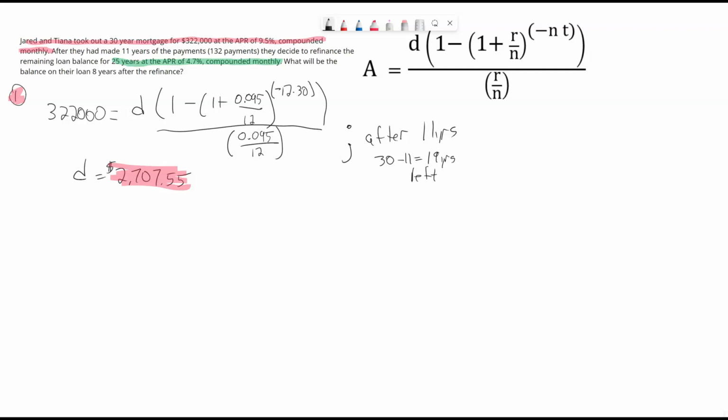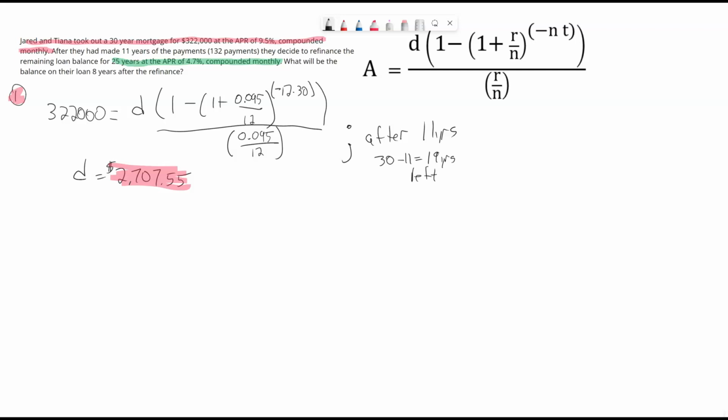So to determine how much we still owe the bank, we can assume the same monthly payment, the same interest rate as the 30-year mortgage, the same 12 for monthly payments, but we let it go for the time remaining, the 19 years, and this formula will tell us how much we would pay off. So that's how much we still owe.